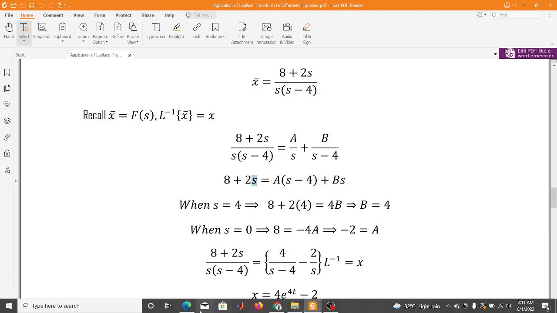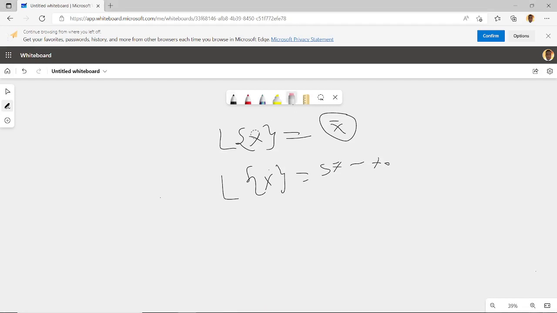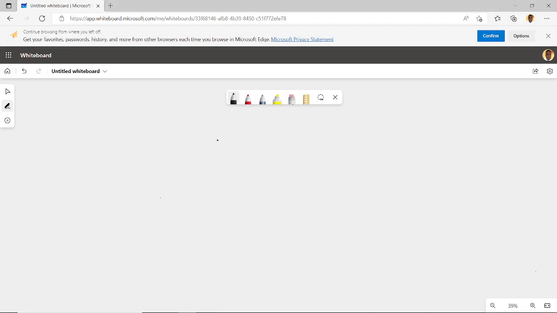What I'm trying to explain there is that when s is given the value of 4, we have 8 plus 2s equals, sorry, let me still put this as bs, and we know that the value of s is 4.